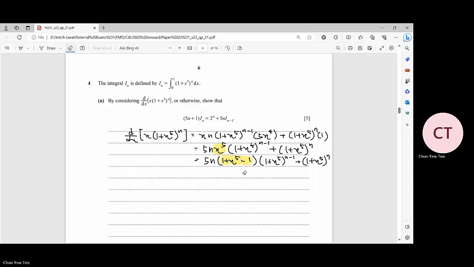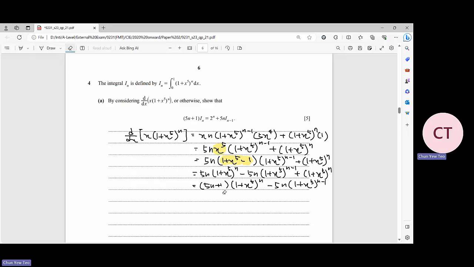After you multiply them, you get (1 plus x^5)^n minus the 5n of (1 plus x^5)^(n minus 1) plus the (1 plus x^5)^n. So you can see that these two are the same base already. You can combine them together. Then we're almost there. Combine together, you get (5n plus 1)(1 plus x^5)^n minus this.